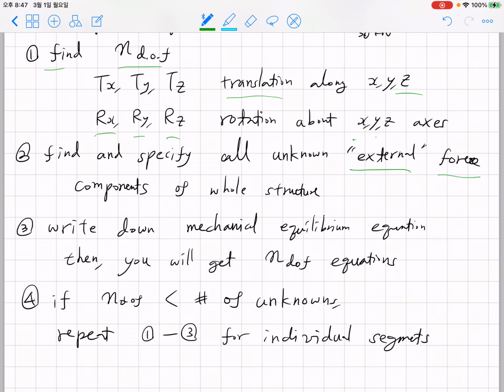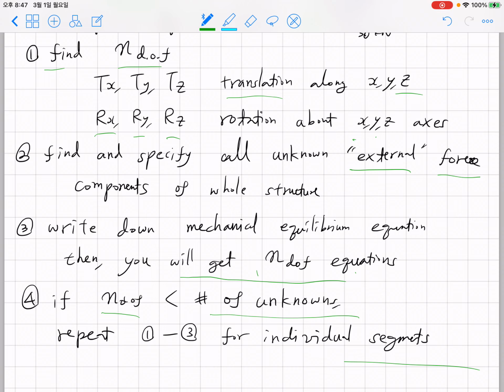Third, you write down mechanical equilibrium equations such as force equilibrium and torque equilibrium. Then you get a number of equations equal to the degrees of freedom. You need the number of equations to be at least the number of unknown external forces. If the number of degrees of freedom is smaller than the number of unknowns, you have to repeat steps 1, 2, 3 for individual segments.